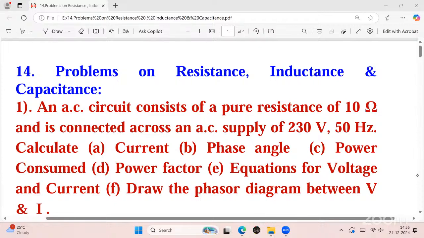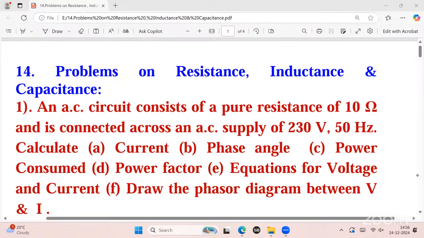R is equal to 10 ohms. V is equal to 230 volts. It is VRMS. Remember that. In AC circuits, 230 volts means you won't mention RMS, just V. What is the frequency? 50 hertz. This is the given data.